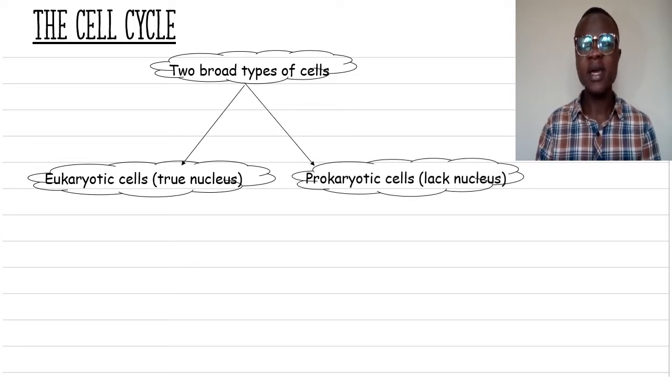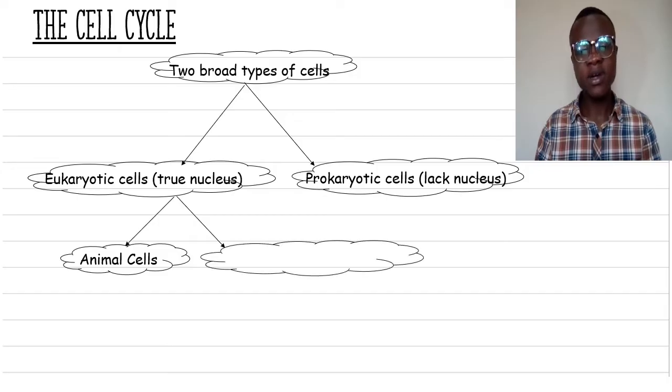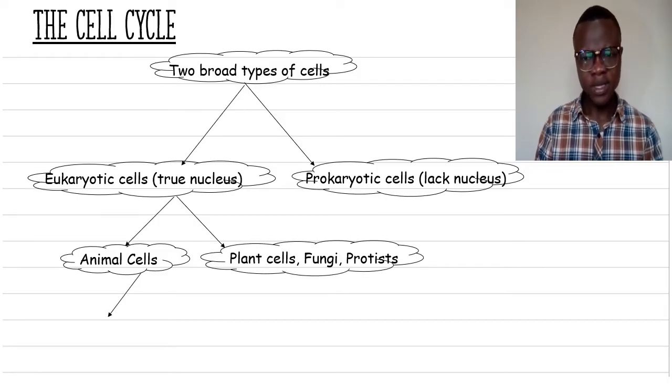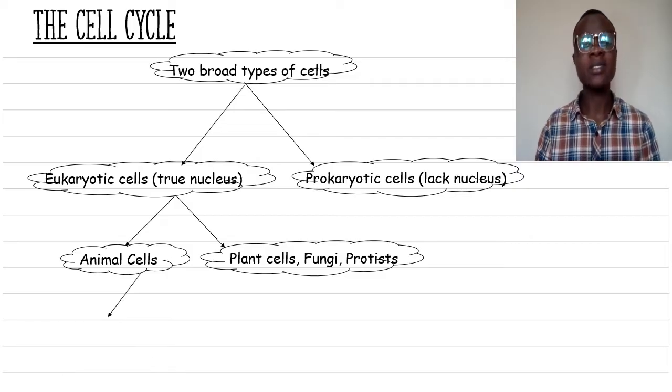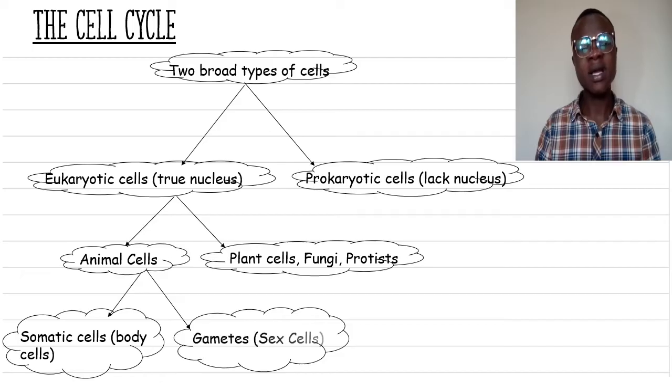The eukaryotic cells can further be broken down into subcategories: the animal cells, the plant cells, the fungi, and the protists. Animal cells can be divided into two subcategories: the somatic cells and the gametes, or the sex cells.